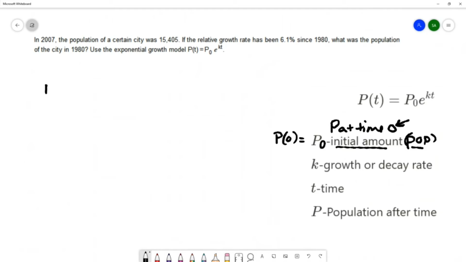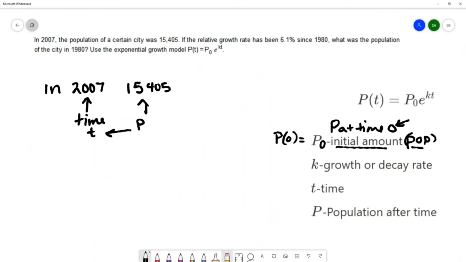So in 2007, we have a population of 15,405. So this is a pair of information that goes together. This part is going to help us with the time t, and this is our population at that particular time.